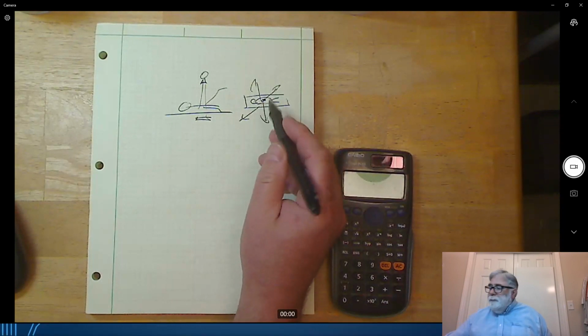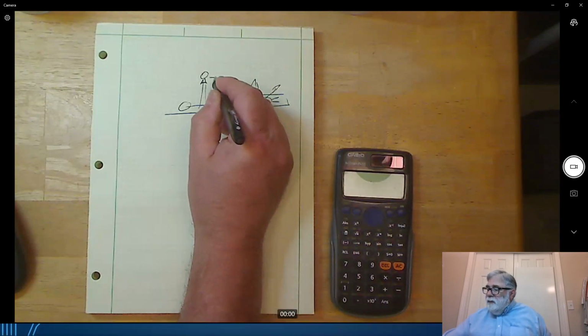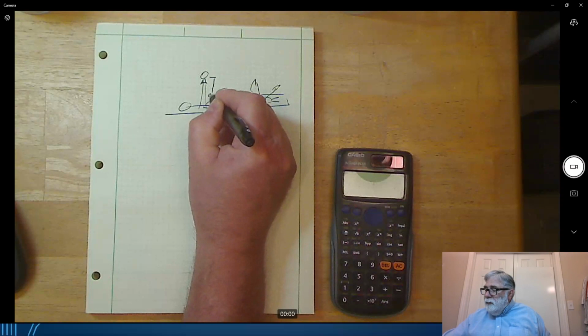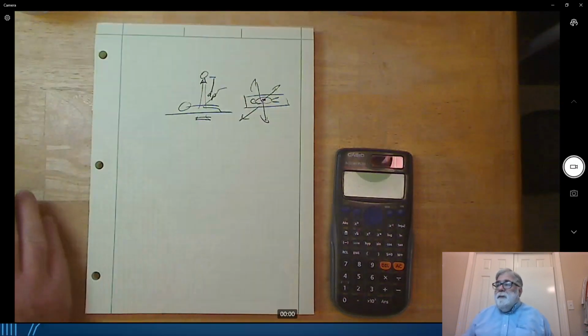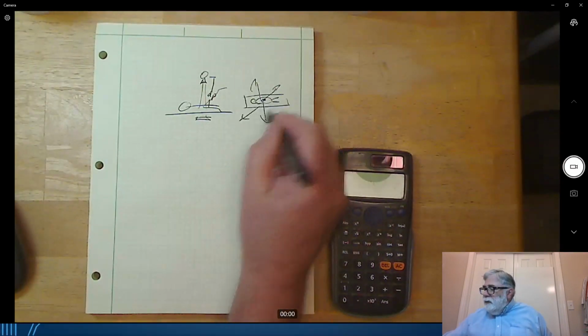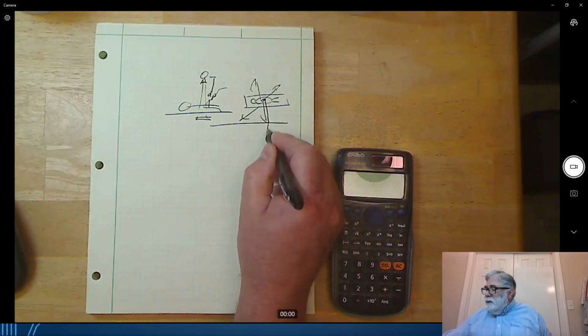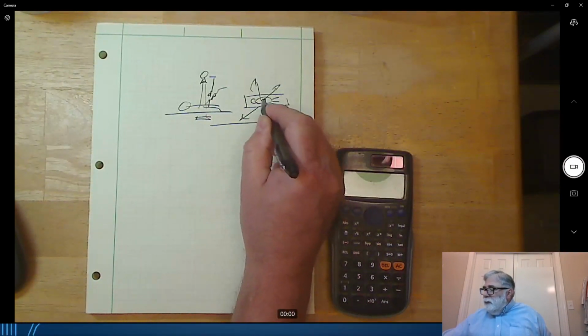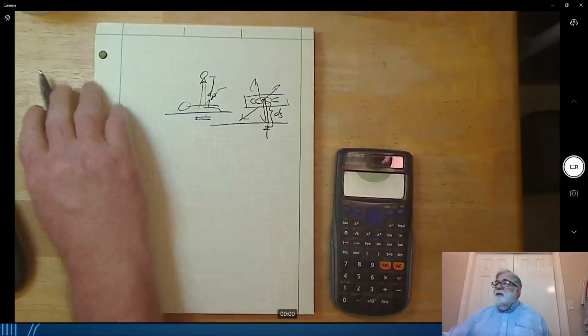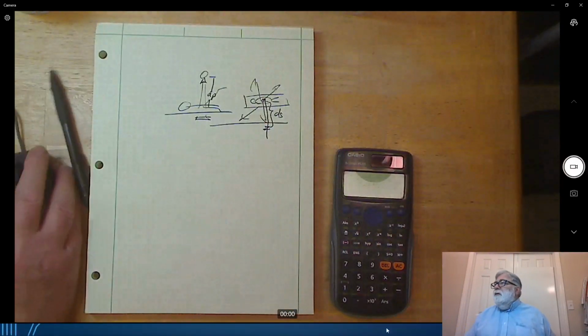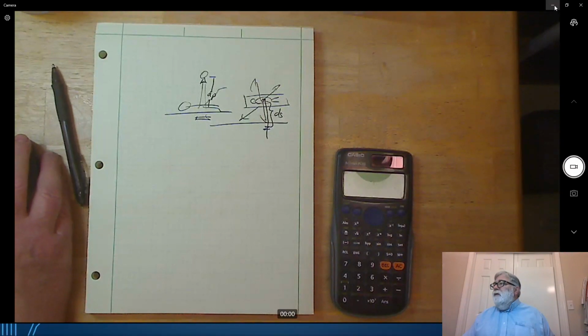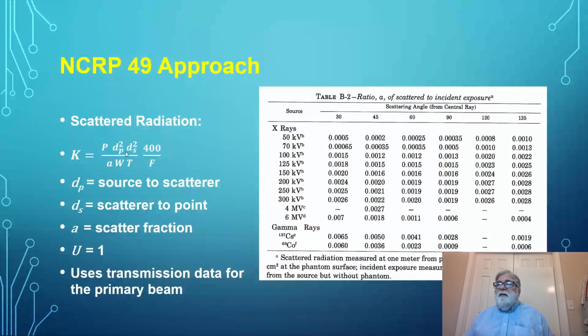And so there are two distances. The distance for the primary radiation, so that's dP, and then the distance for the scattered, so how far it is from the point that we're interested in to the receptor we're interested in. That would be the dS.